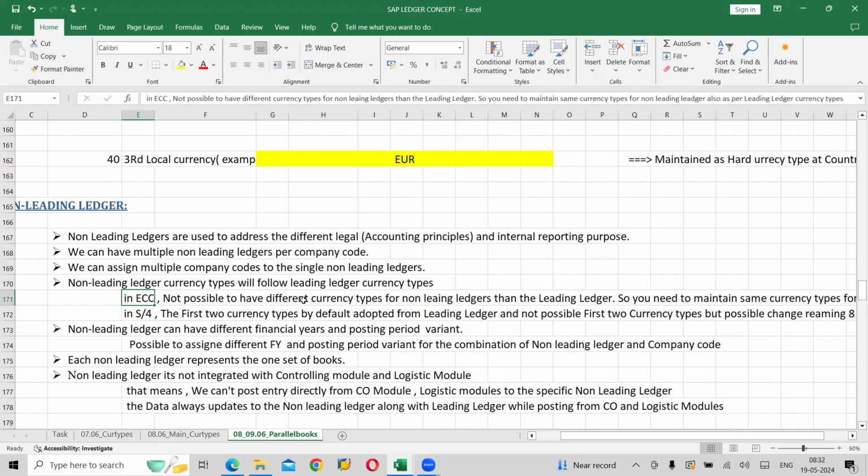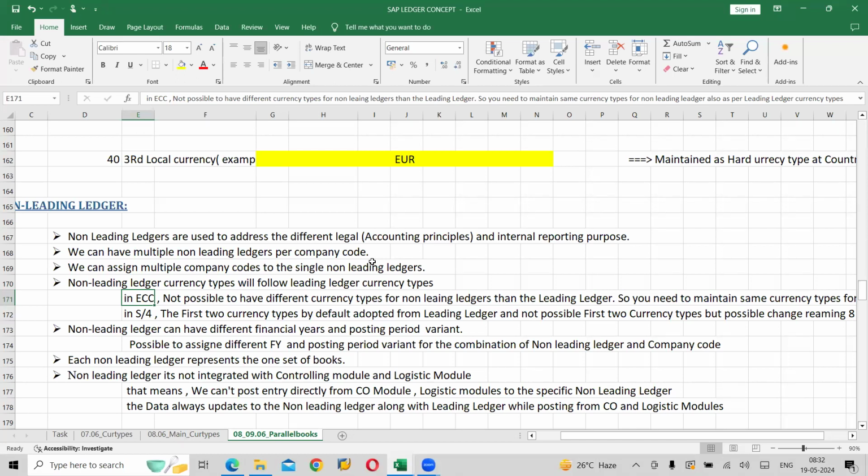For example, in India, for an Indian company, we have defined INR. So zero level. Next one, Norway, we have taken NOK. And next one, we have taken a US company, USD. So the same will be assigned to the zero ledger, and the same currency types will be allowed to non-leading ledgers also.